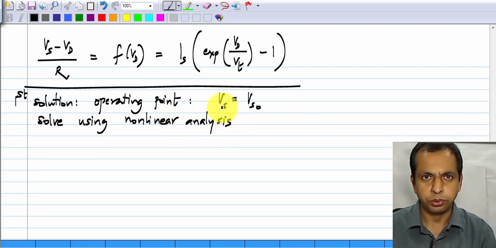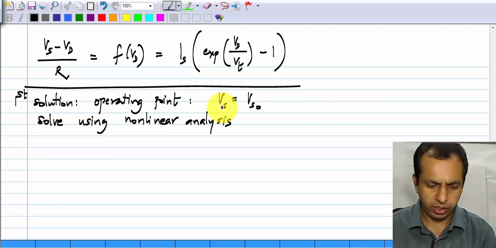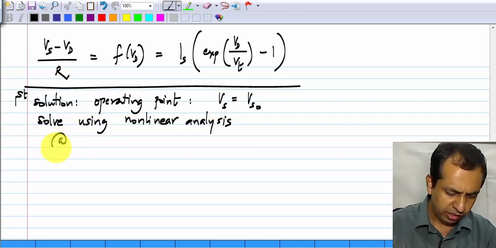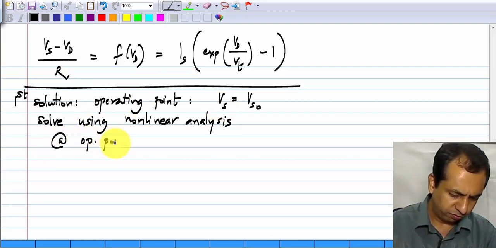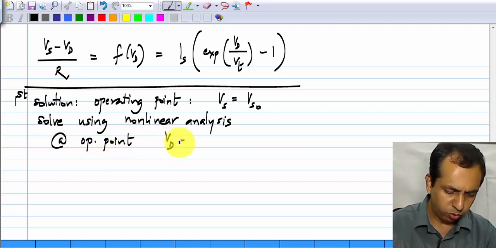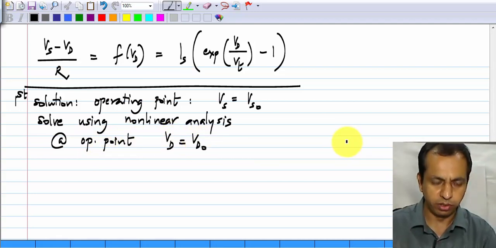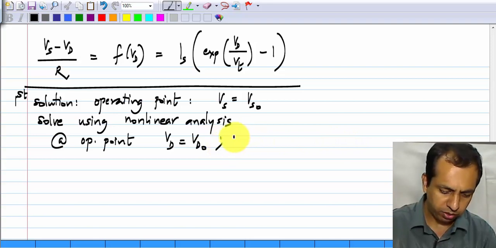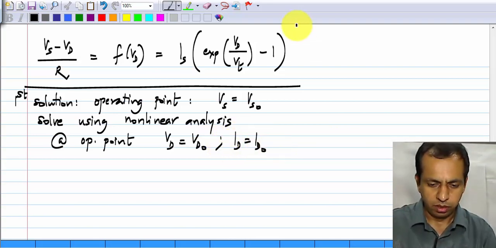And this is of course usually numerical. Let me say that at the operating point, the diode voltage is Vd0, I denote it like this, and the diode current is Id0.